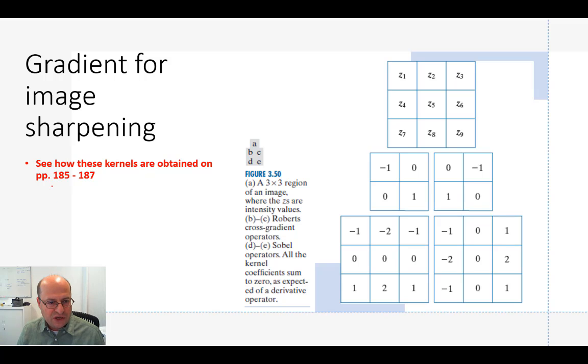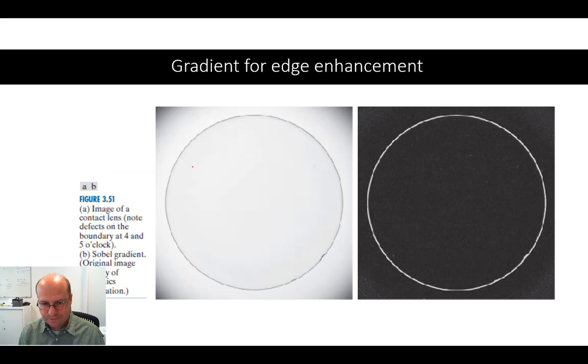And if you read on pages 185 to 187, again, just 3 pages, please read them. Read them for me. You're going to understand how these kernels are obtained. And gradients are used for edge enhancement. For instance, this is an image of a contact lens, and this is the Sobel operator of the contact lens, and it's enhancing exactly any potential defect that this lens might have.